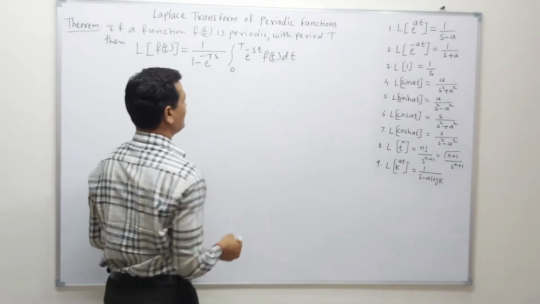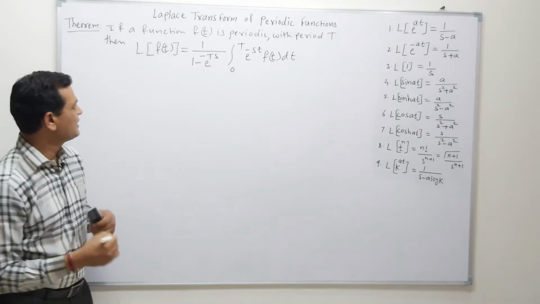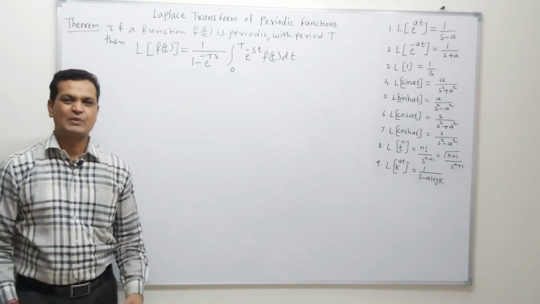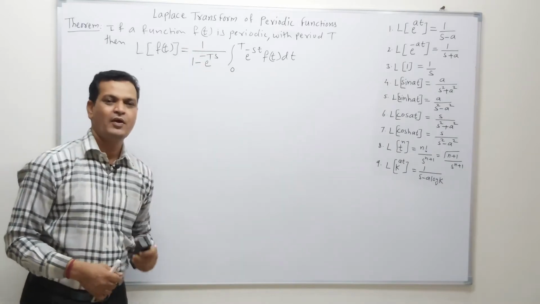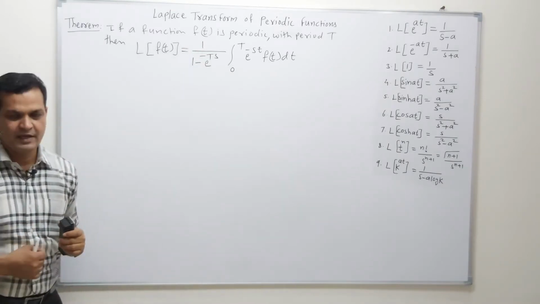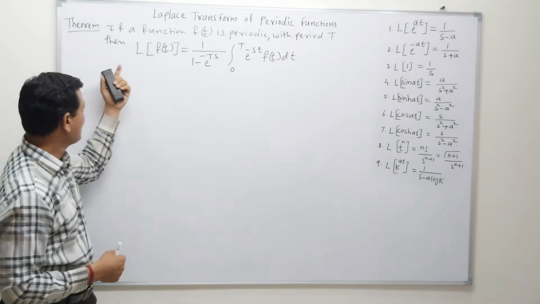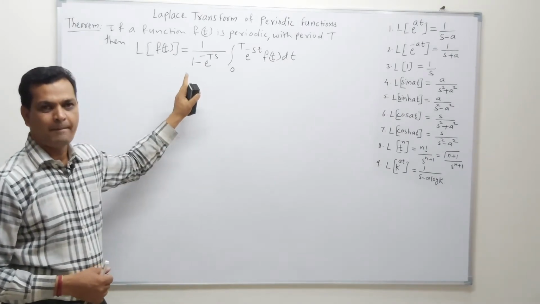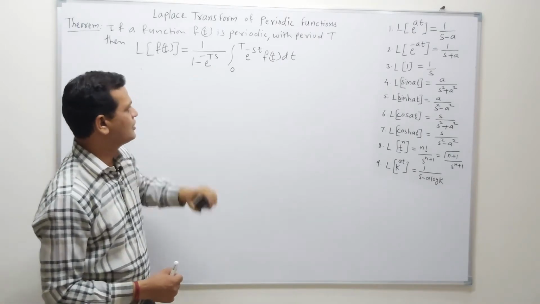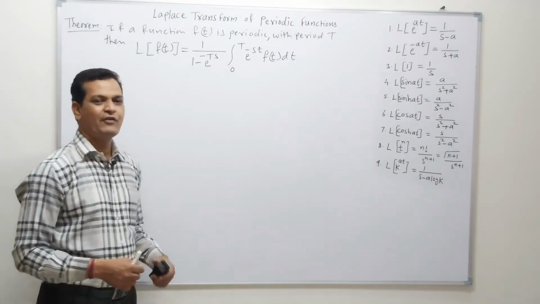So this is the theorem related to the Laplace transformation of periodic function, and it says that if a function f of t is periodic with period T greater than 0, then the Laplace transformation of f of t is 1 upon 1 minus e raised to minus Ts, into the integration from 0 to T of e raised to minus st f of t dt.